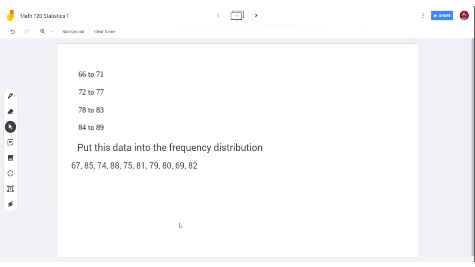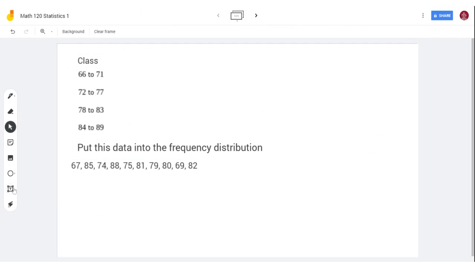All right, so here's some data. What we essentially need to do is go through it. I'll show you what we're going to do here. We're going to put a couple of labels up here. This is what we call the class.